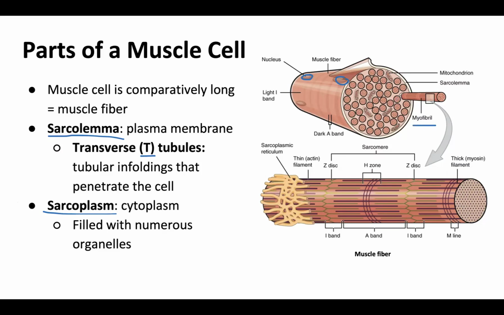In this illustration on the right, it looks like myofibrils almost completely fill up the sarcoplasm, and that's kind of true. They are truly all over the place. But there are other organelles. We mentioned the nuclei. You can also have mitochondria and other structures as well. So it's a very dense, filled-in region.